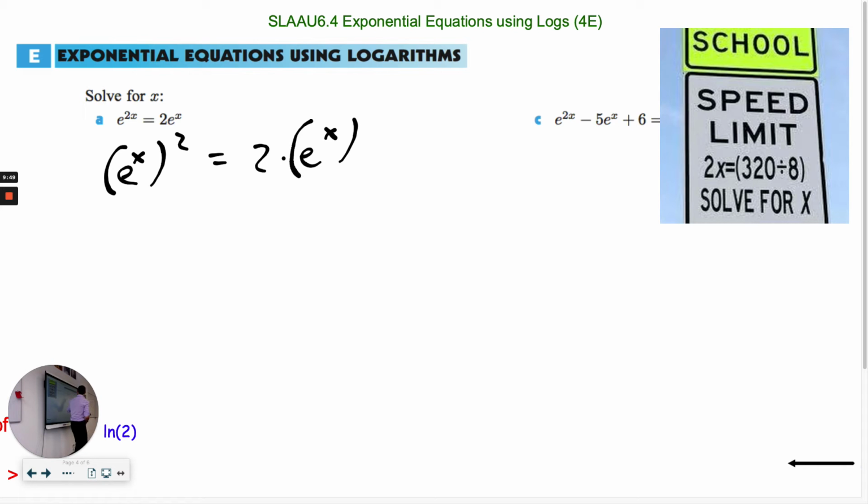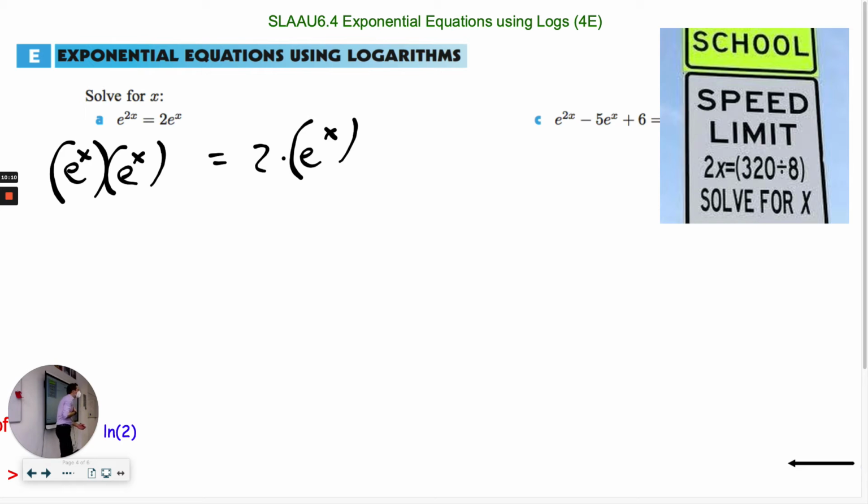Is that okay? Maybe instead of e to the x squared, I might write it just twice, just to illustrate something. So e to the 2x is e to the x squared. Here are 2 of them, and here's 2 e to the x, which is really added together.